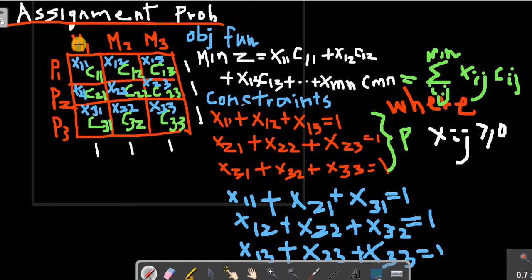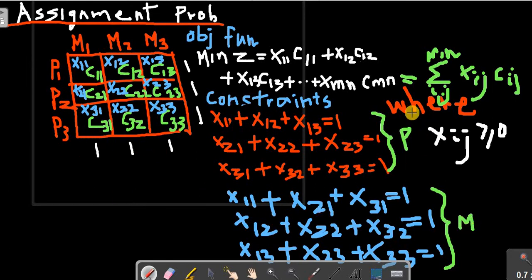If M1 is assigned to P1, then we get 1 plus 0 plus 0, which is 1. Similarly, the second machine should be assigned to only one person, so any one of the variables Xij must be equal to 1, and the others are 0. So you get these equations. This is based on the machine availability.